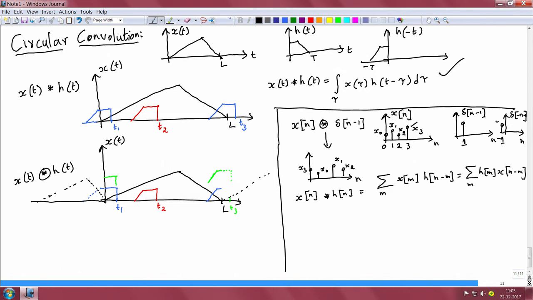A similar result can be proven here. So, what we have seen here is that x of n circularly convolved with a delta function n minus 1 is essentially a circular shift.